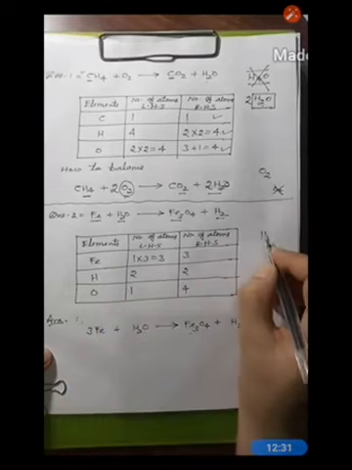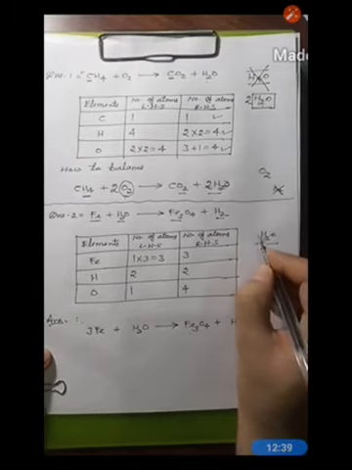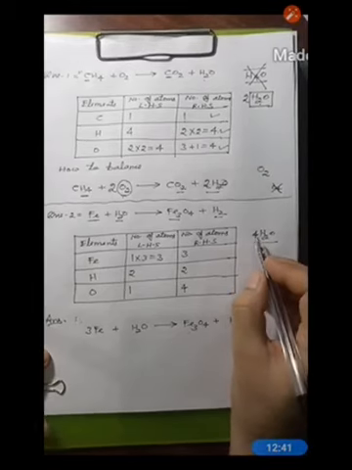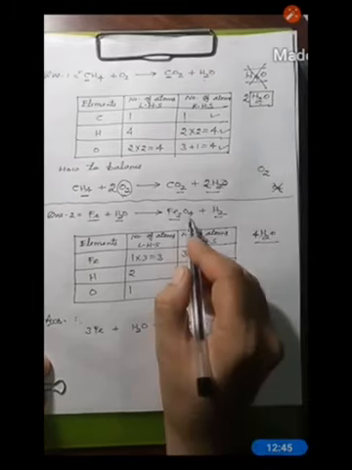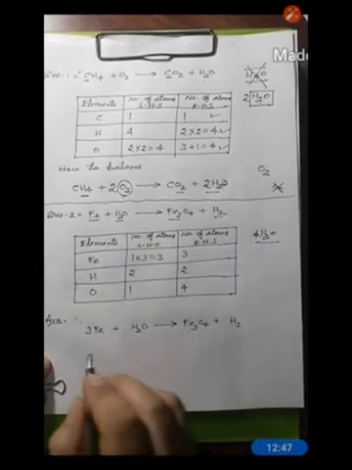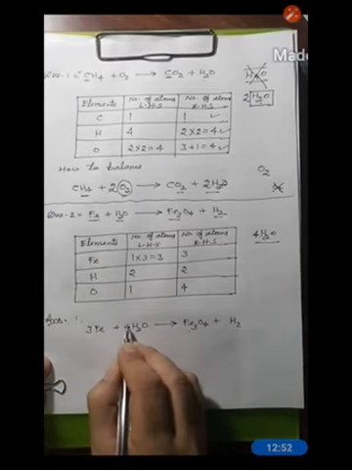So if this is H2O, how do we make the number of oxygen atoms 4? By just putting the stoichiometric coefficient before this molecule, and we write 4 here this way. If we write 4 here, the number of oxygen atoms becomes 4. So this side 4 and this side also 4. See, the first step we put 3 here, and now the second step we write 4 here.